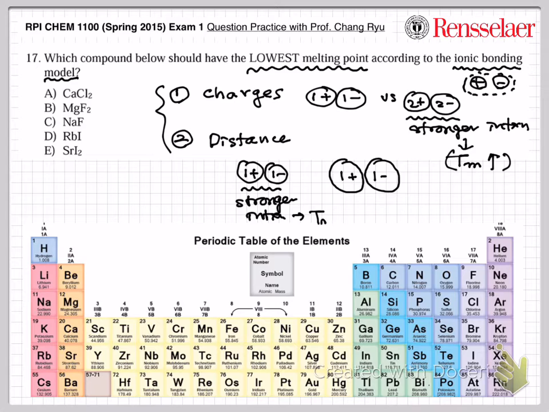So that will also increase the Tm. So what we are looking for, let me choose a different color, is the lowest melting point. A lowest melting point means smaller charges and a larger distance.